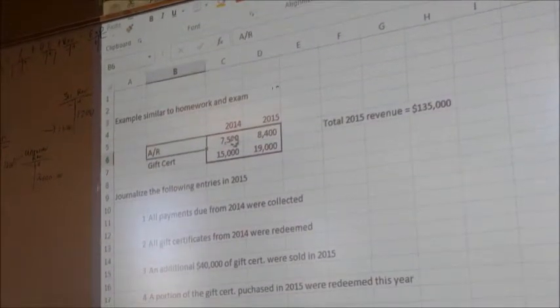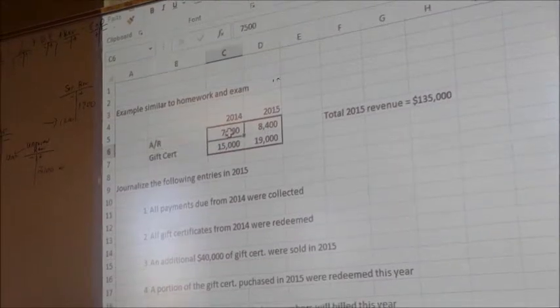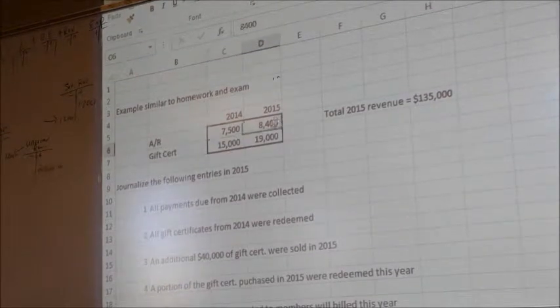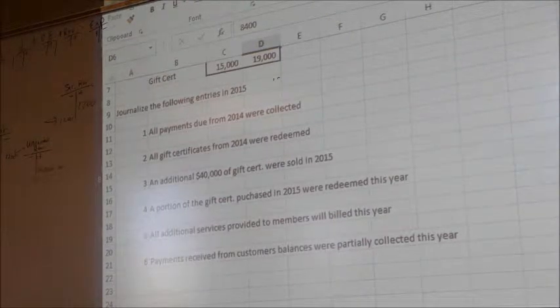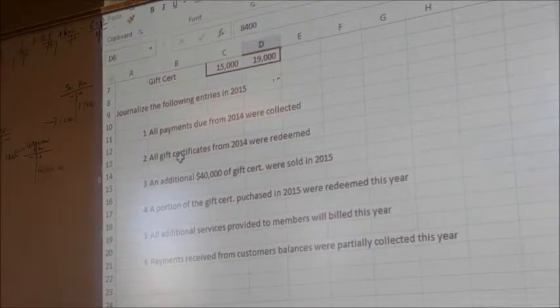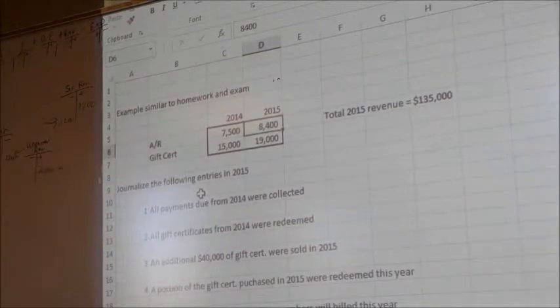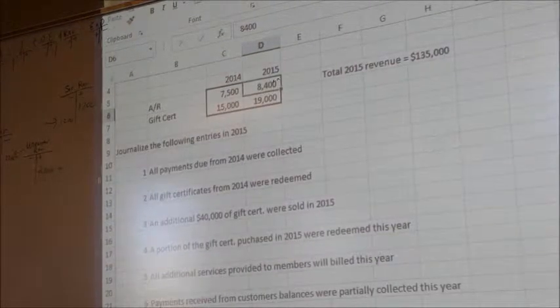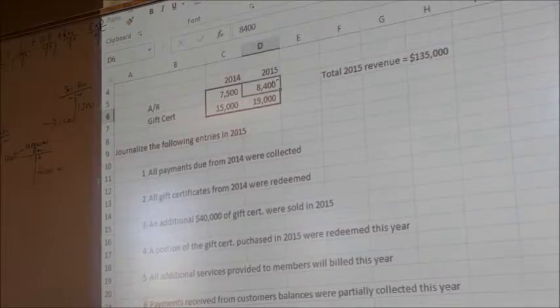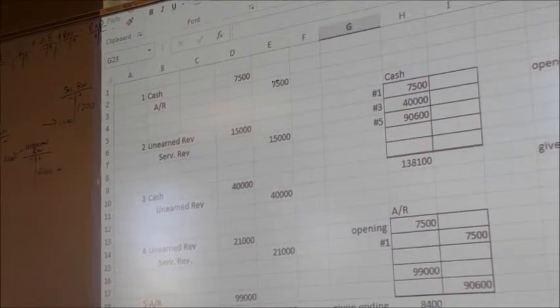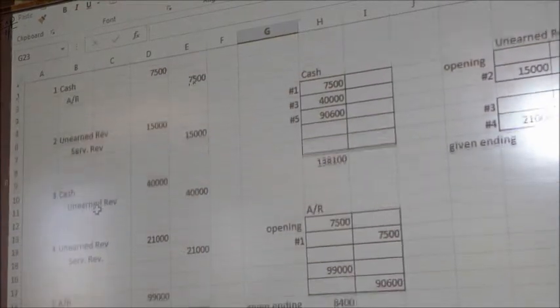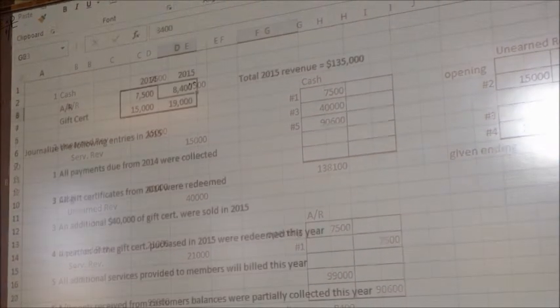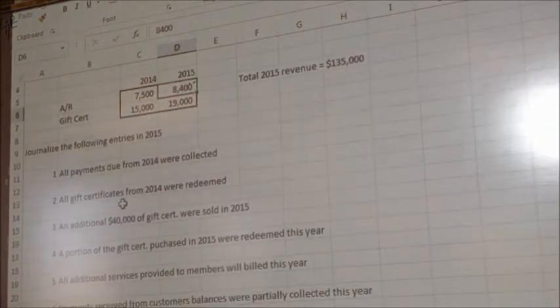Where accounts receivable, last year, this year's balance, revenue, and then payments being collected, gift certificates being redeemed. But we can go through this one. And if you're still lost on it, on the other tab, I have the answers. Okay, so we can go through this one.